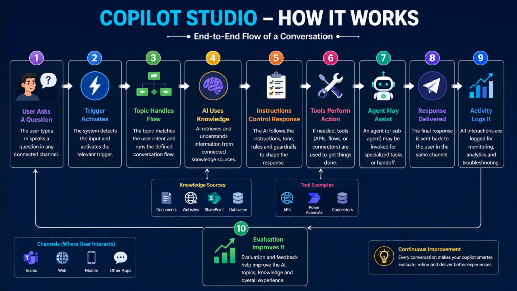Here comes the AI which uses the knowledge, and then the instructions control responses with the help of the tools, which perform the actions, and then the agent may assist with the responses delivered, and then it also logs the activity, and the evaluation helps us to improve it in our future goals. Now that's not a bot, it's actually a full system.